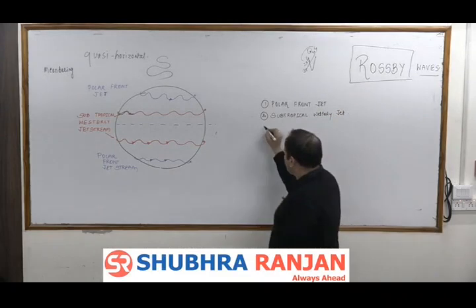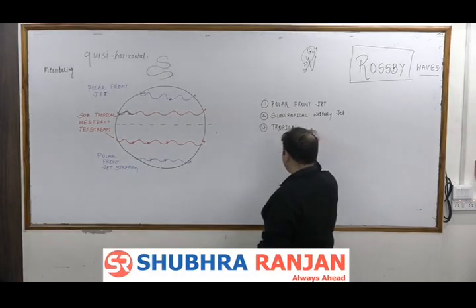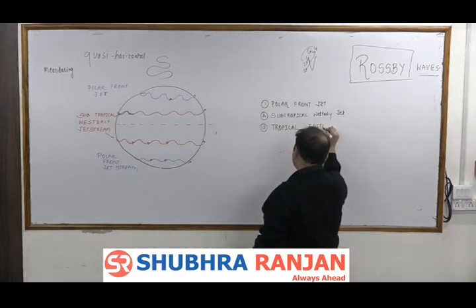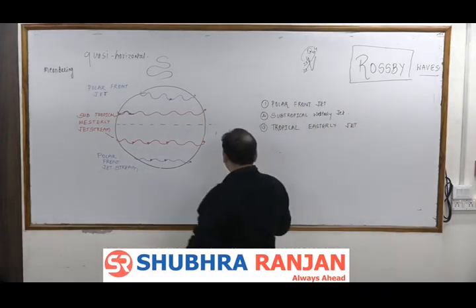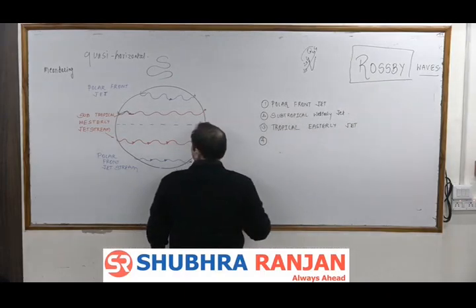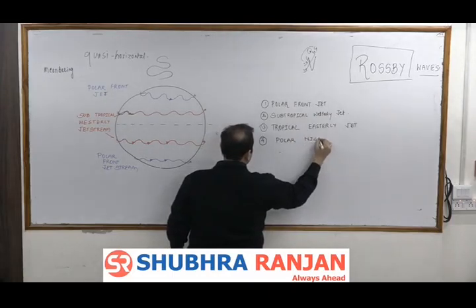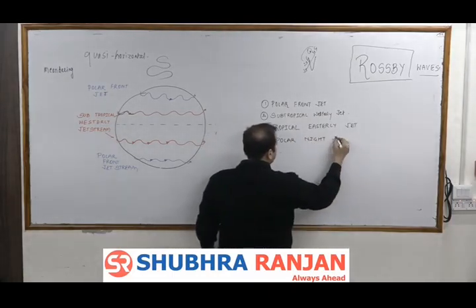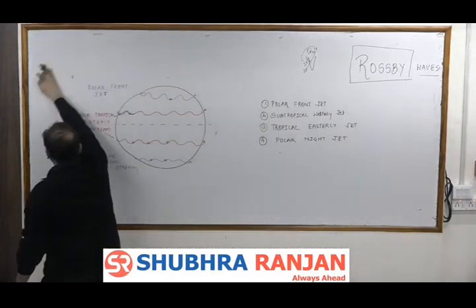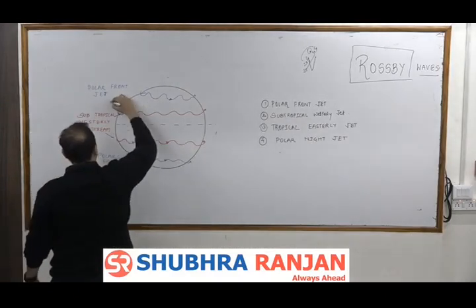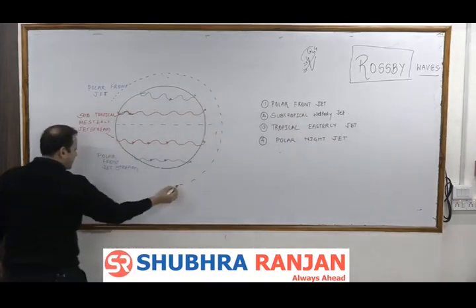Third, tropical, yeah, you can write even subtropical, easterly jet. And fourth, polar night jet stream. And then draw this diagram.